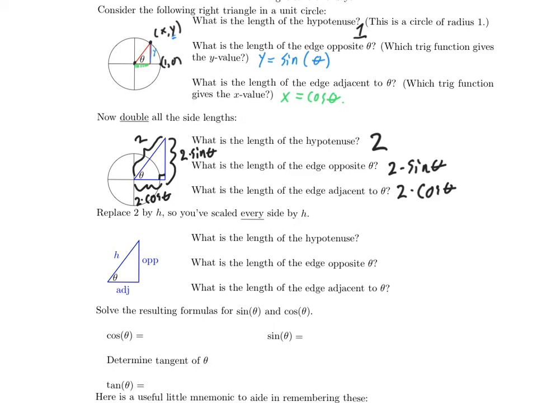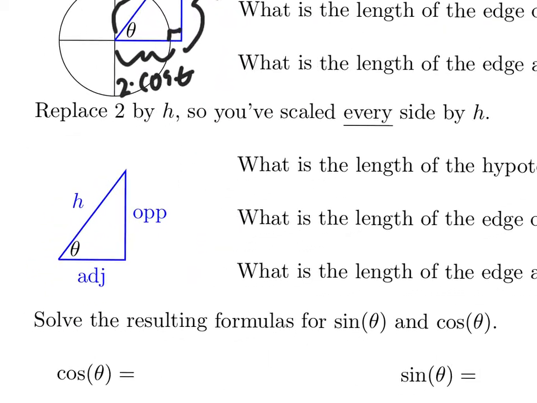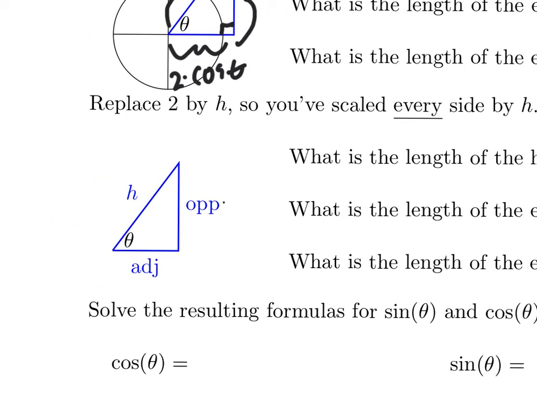What if you rescale everything by a factor of h, where h is some positive number? I don't want to rescale by -7. I don't want to rescale by 0, otherwise I would collapse the triangle to a point and there would be no information left. If you rescale every side by a factor of h, the length of the side opposite, originally the sine of theta, I multiplied by h.